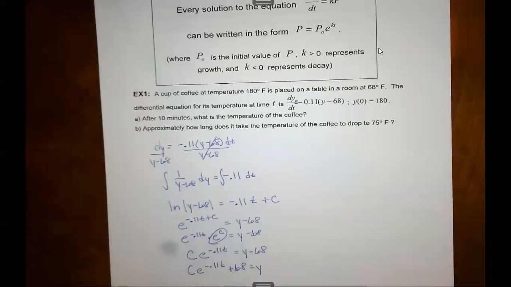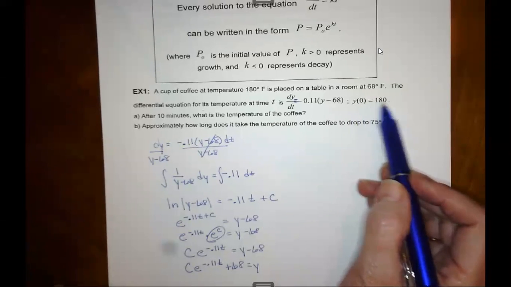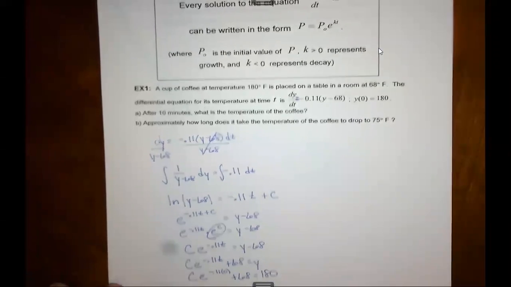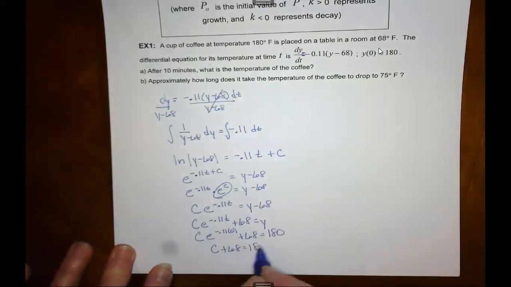So now they gave us this initial condition. When t is 0, then y is 180. So c e to the negative 0.11 times 0 power plus 68 equals 180. Well, e to the 0 power here is just 1. So we just have c plus 68 equals 180.